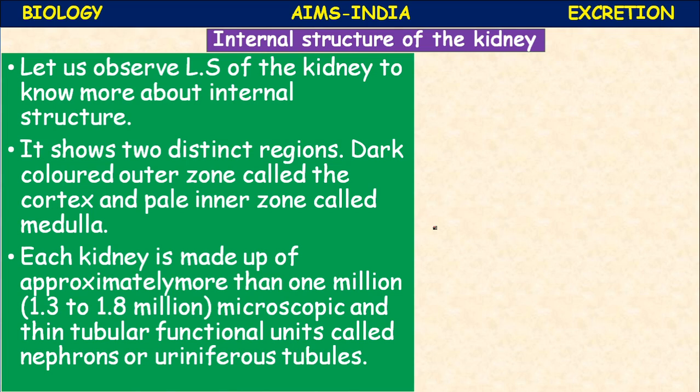Each kidney is made up of approximately more than 1 million, 1.3 to 1.8 million, microscopic and thin tubular structural and functional units.